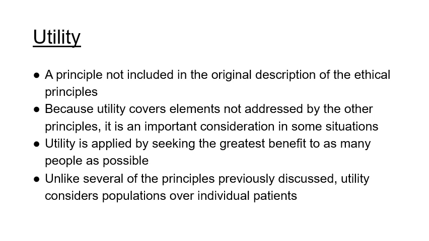Utility is applied by seeking the greatest benefit to as many people as possible. So in contrast to the other principles that we've discussed, utility considers a population as opposed to just the individual patient.